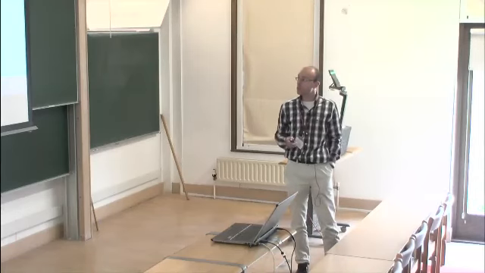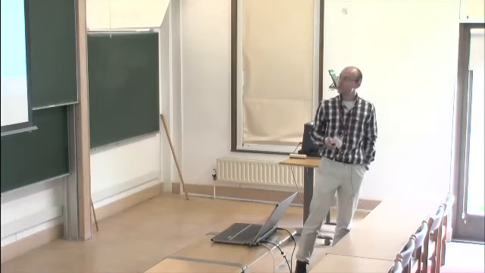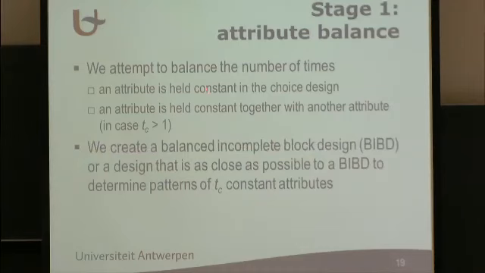And people who are familiar with balanced incomplete block designs will immediately recognize these two requirements. Balanced incomplete block designs satisfy these two requirements. Unfortunately, balanced incomplete block designs do not exist for any possible experimental situation, and to cope with that problem, we developed an algorithm that tries to find a design that's as close as possible to a balanced incomplete block design in case none exists.